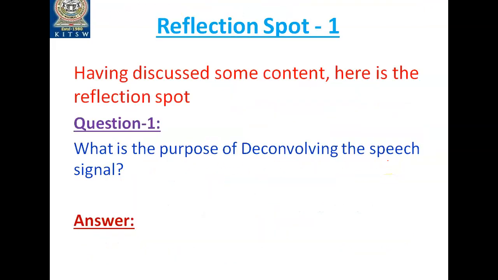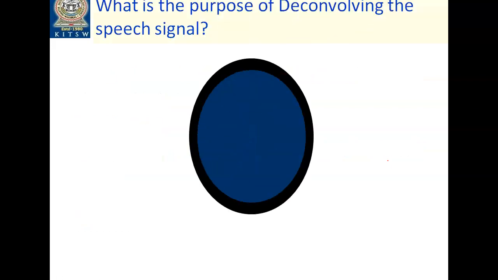So this is the reflection spot, having discussed some content here. The reflection question is: what is the purpose of deconvolving the speech signal? What is the problem associated with the normal speech signal? The system accepts an excitation as input, and the excitation is nothing but the impulse sequence we consider.